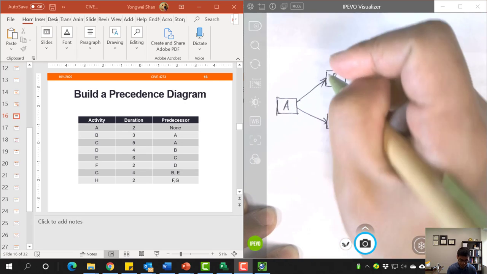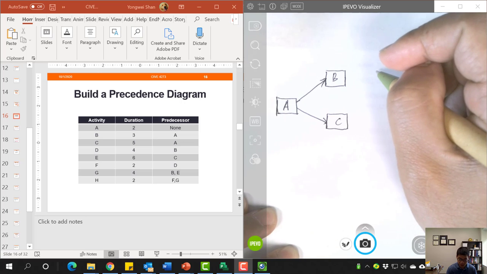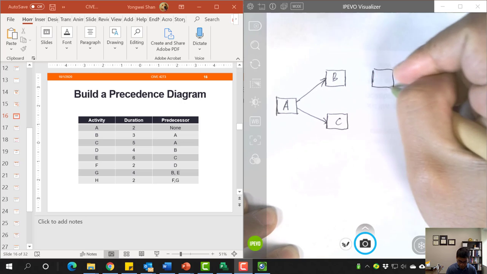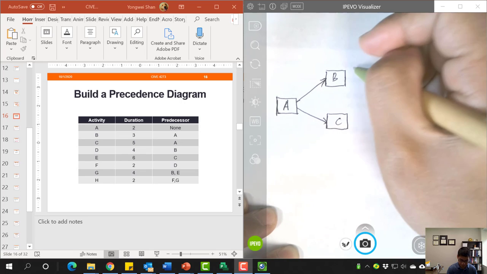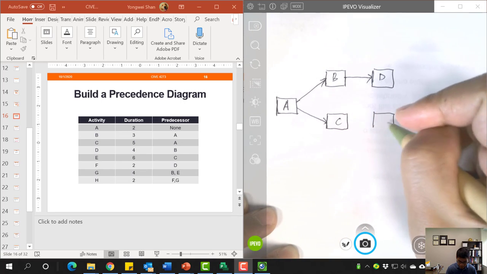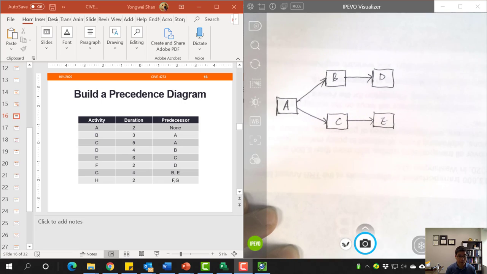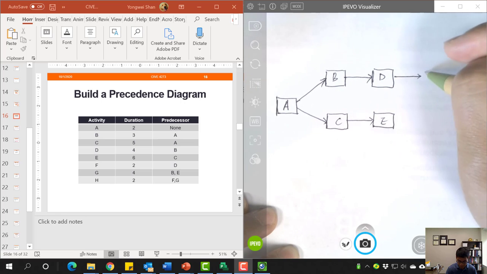Let's connect them with the arrow. And activity D is dependent on activity B. I would put my activity D right over here. E is dependent on C. F is dependent on D. It's pretty simple.